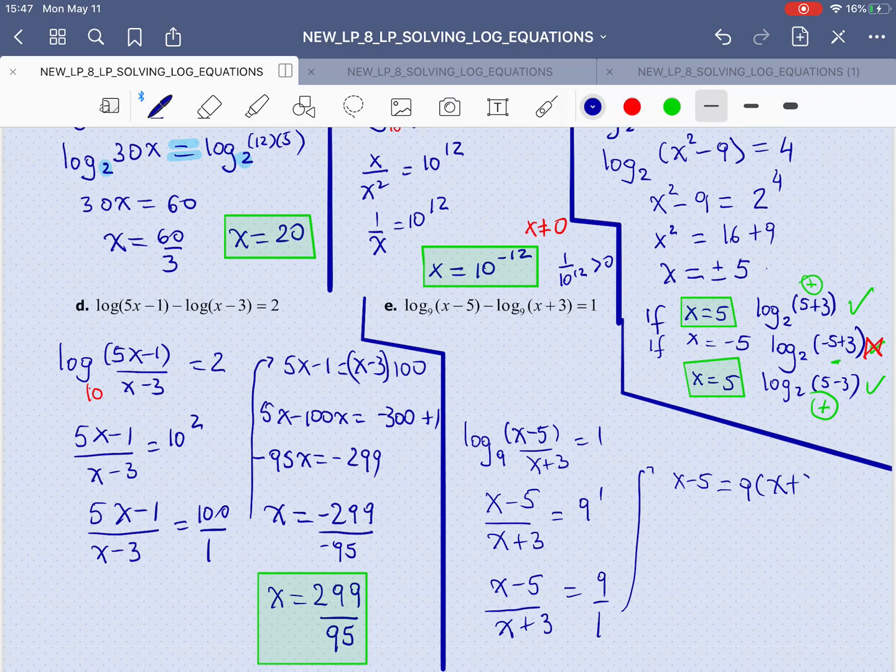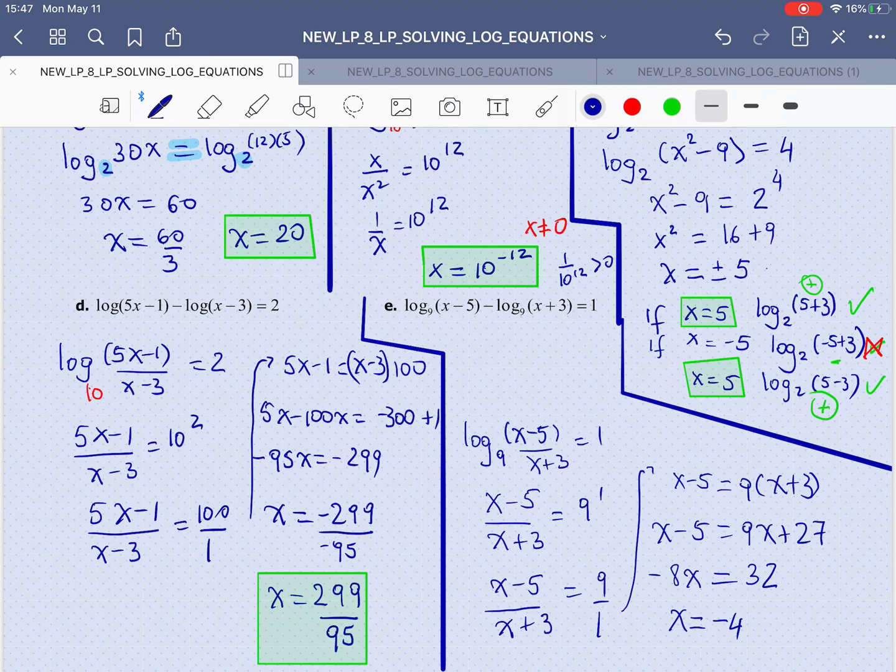So x minus 5 equals 9 times x plus 3. So take 9x to the other side, negative 8x. Take positive 5 to the other side. I mean negative 5 becoming positive 5, right? So x equals negative 4.